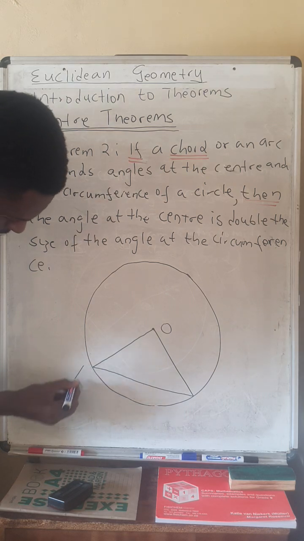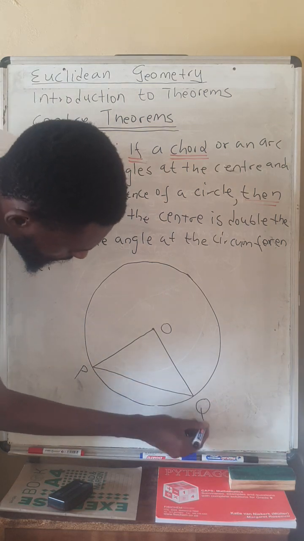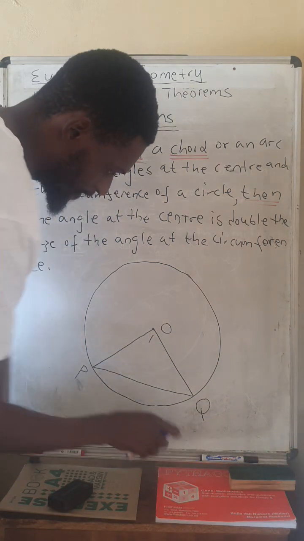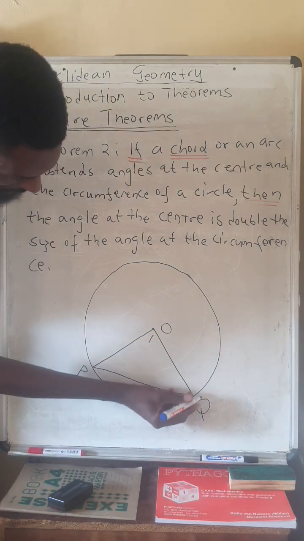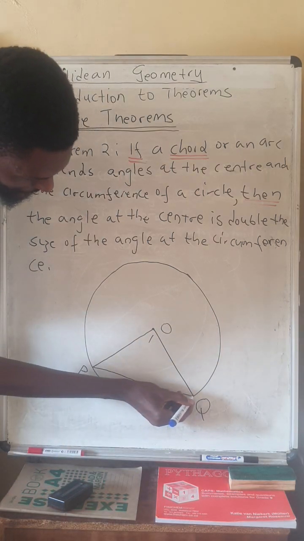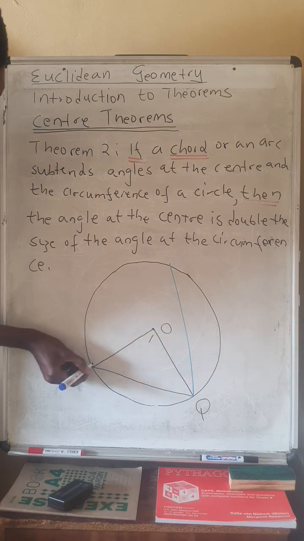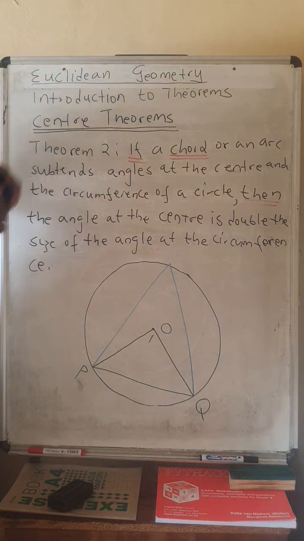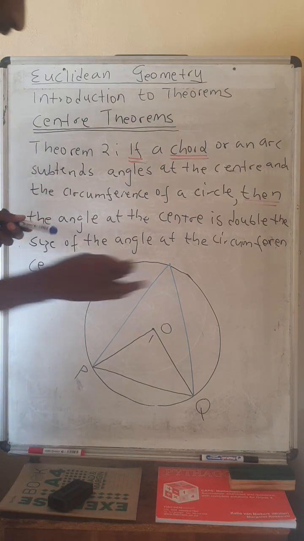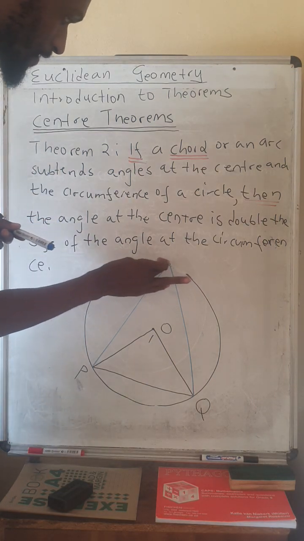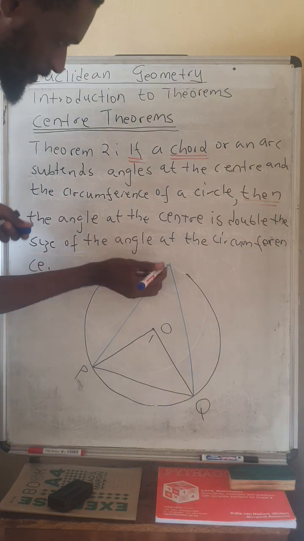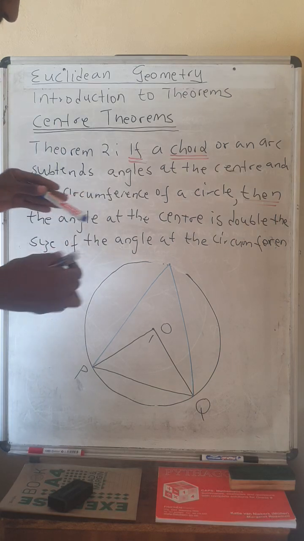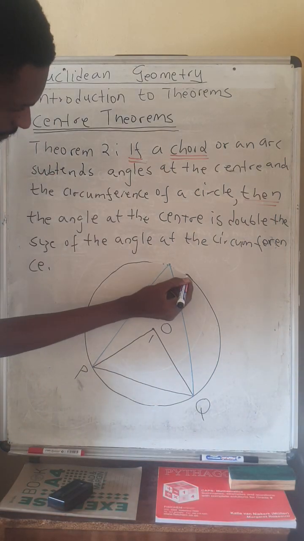It may not be perfect. P, Q. Let me say this is angle O1. For another angle, for angle at the circumference, let me use this. Yeah, something like that. So now let us look at this. Let's fix here. So this angle will be there. I'm going to have something like this.